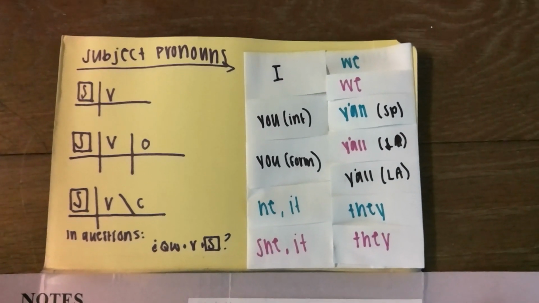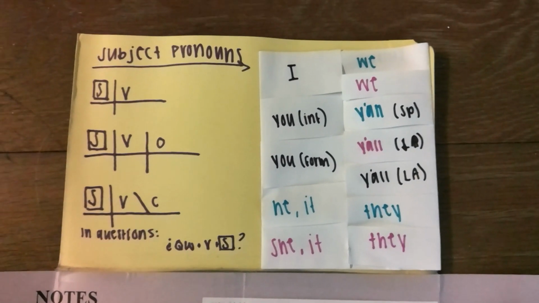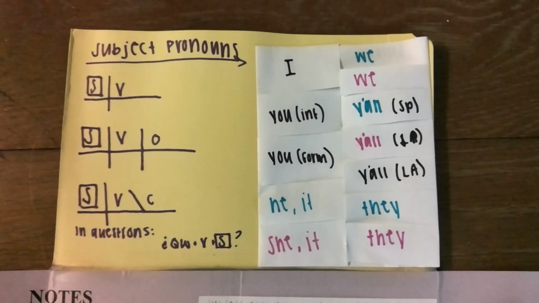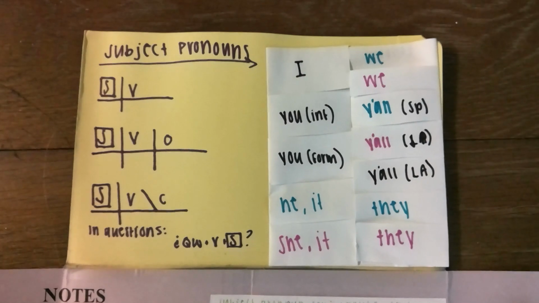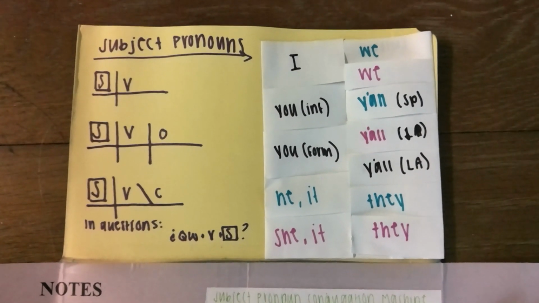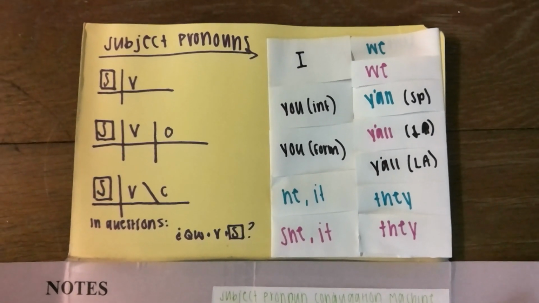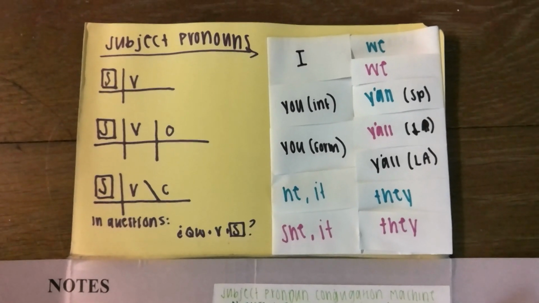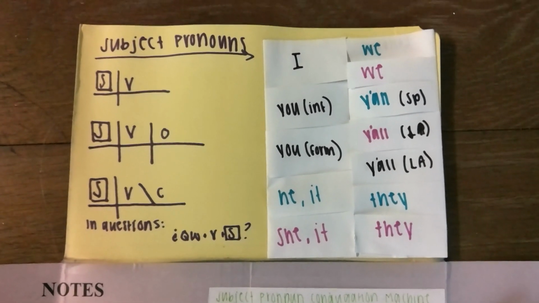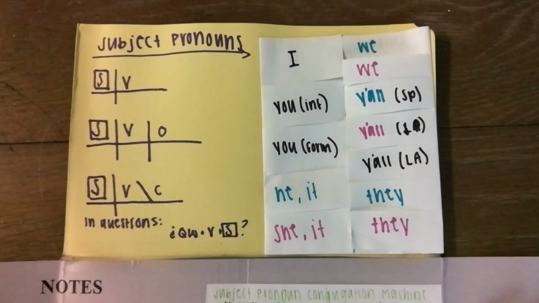And just as a recap, that used to be formal and informal, so sometimes you might come across ustedes in Spain or in literature that's Spanish, but that is just more of an old form of the formal you. But now it's mainly by region, and most of the time they will use vosotros in Spain.